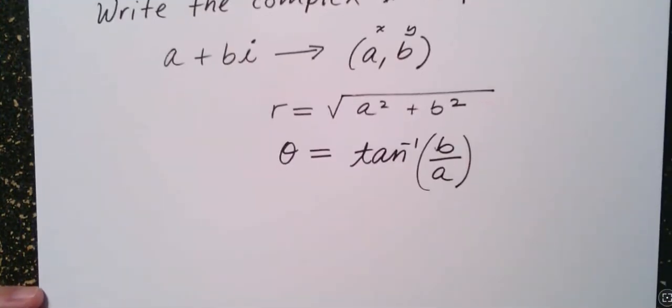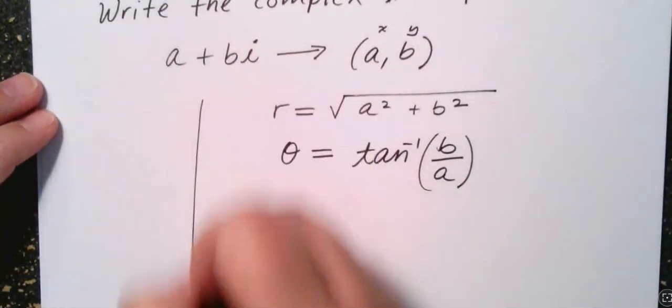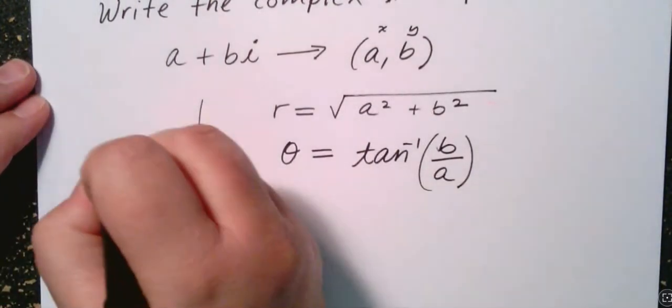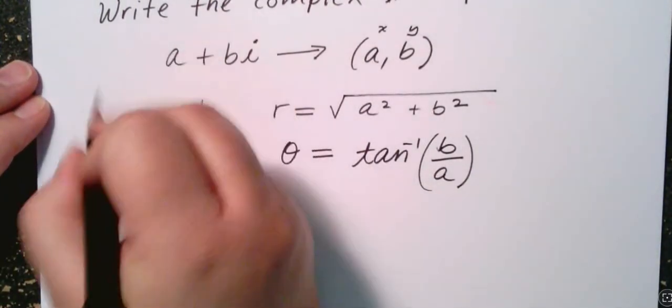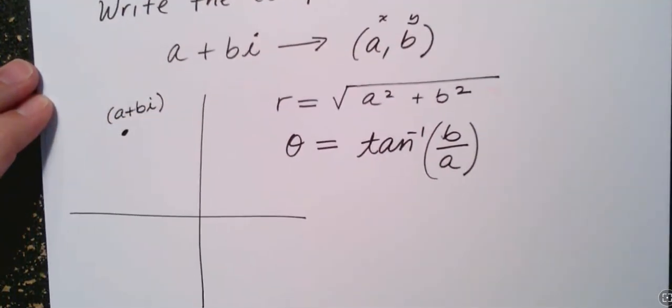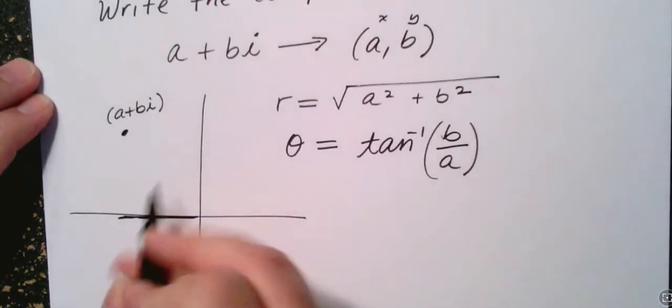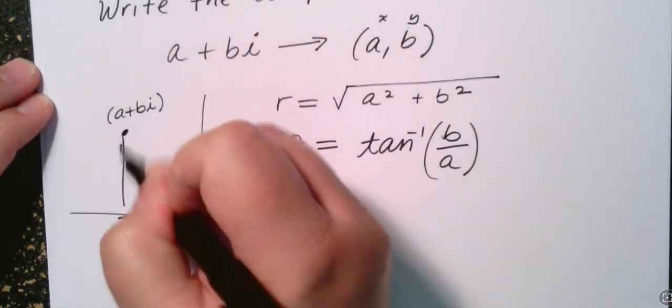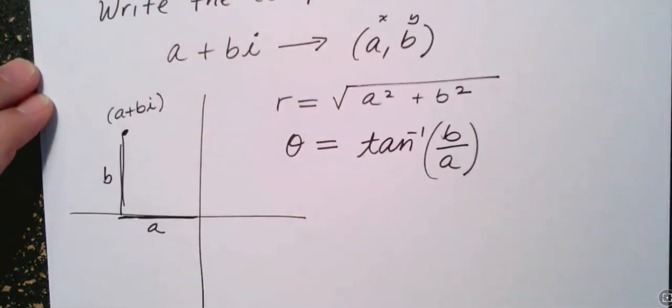Now, if we didn't believe that that should be true, let's think about it. If this is the point a plus bi, that means this distance here is a, and this distance here is b. So that's the rectangular way of describing that.